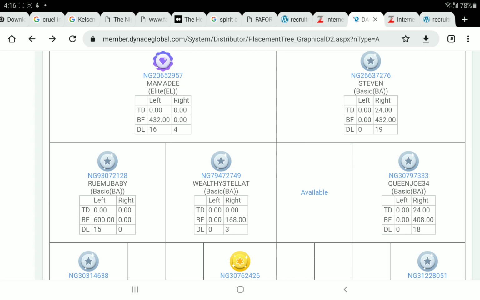There's nothing wrong, because this second account will be earning as well, because it has already gotten volume that was given by the team on top of him. So he now placed Stellat under Mama D. Now when he does that, he's going to be earning.